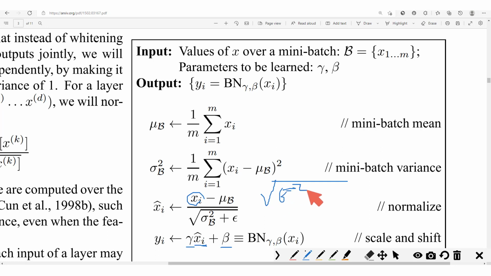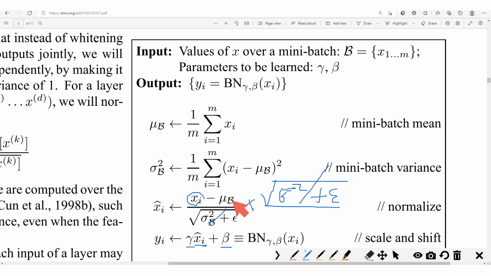So once we've multiplied this, you see, this cancels out with this, and you're left with xi minus the mean.